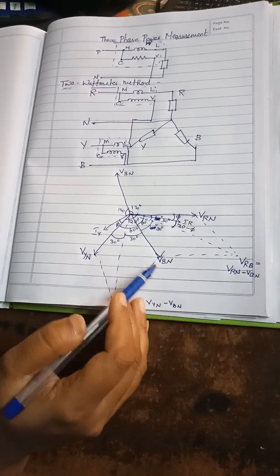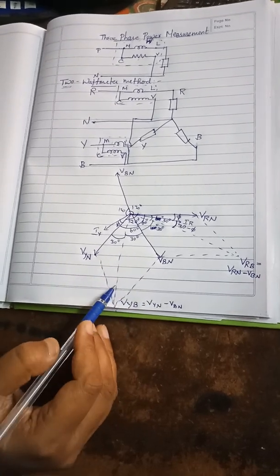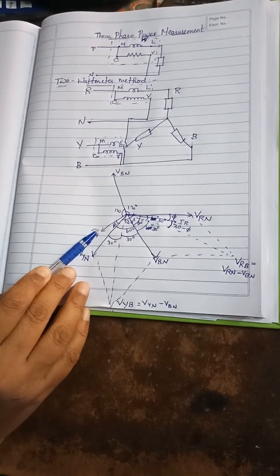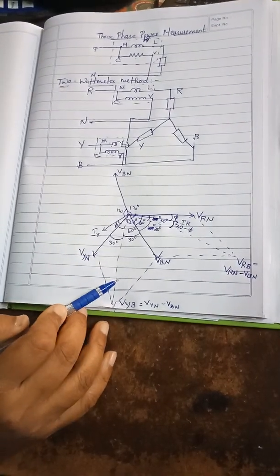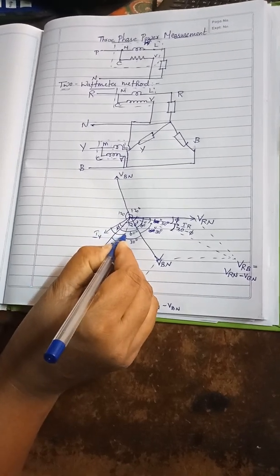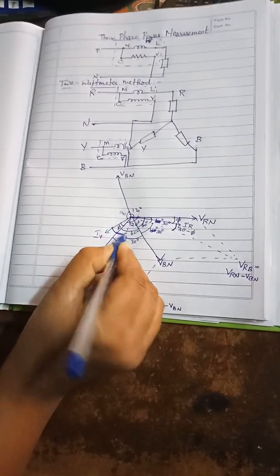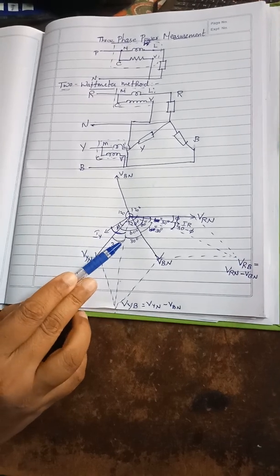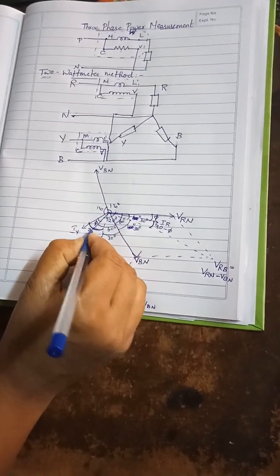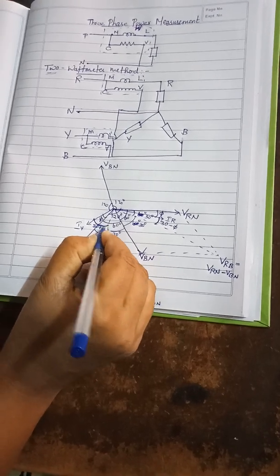Similarly, here also you have to find the angle between line current and line voltage on this side. This is 30 and this is phi, so totally it is 30 plus phi.